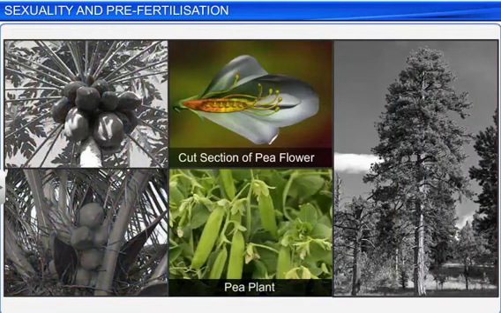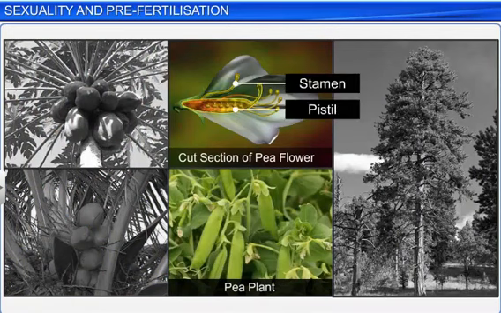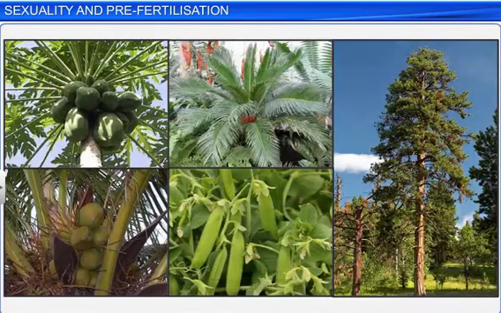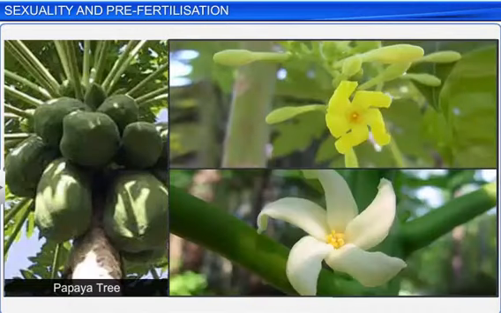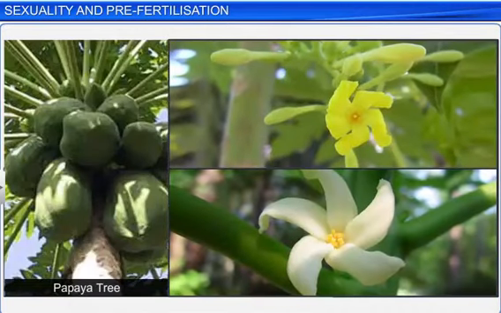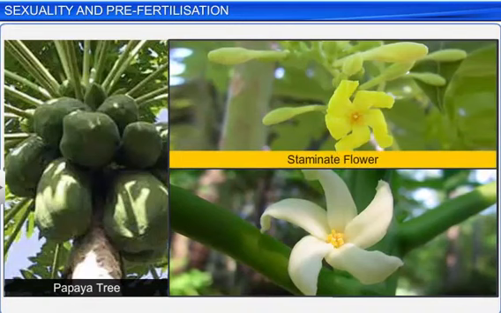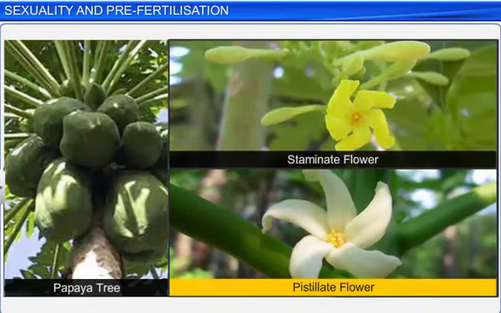Even the pea plant is a monoecious plant, as both the stamen and pistil are present on the same flower. Papaya, on the contrary, is a dioecious plant that bears staminate and pistillate flowers on different trees.